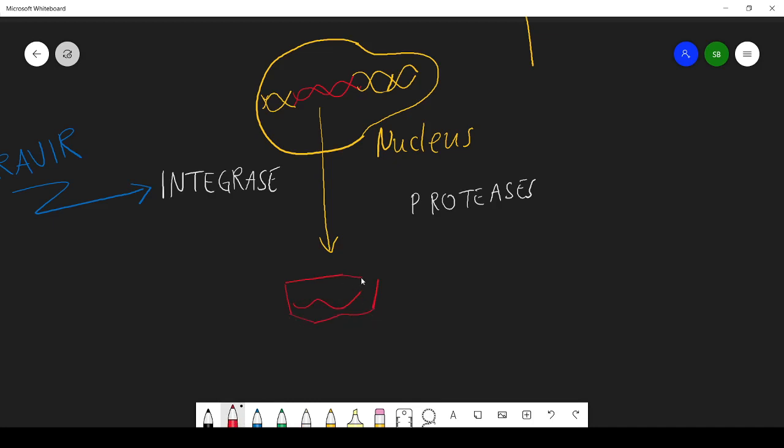So what we can do, of course, is to inhibit these proteases. So there's the basis of protease inhibitors, such as darunavir.